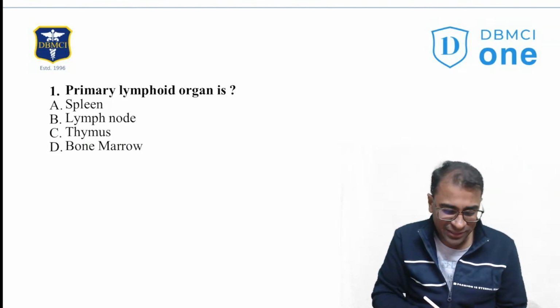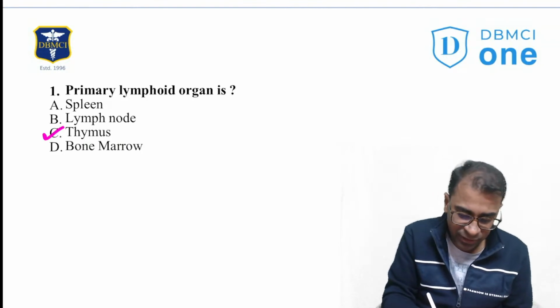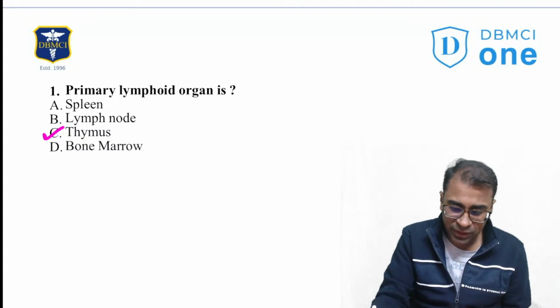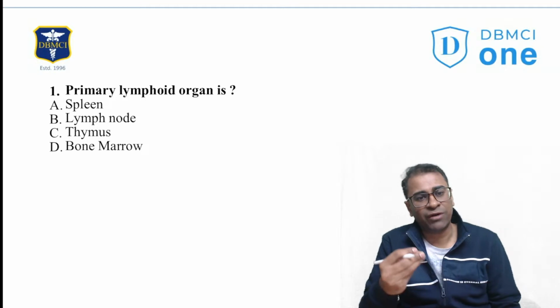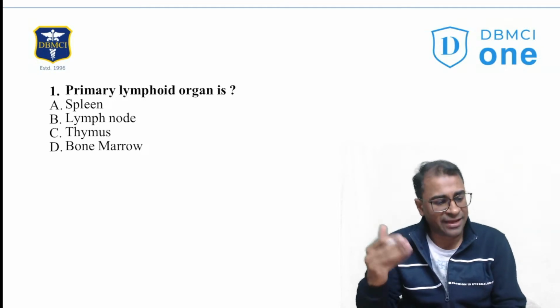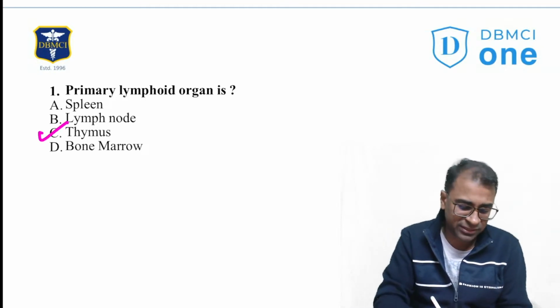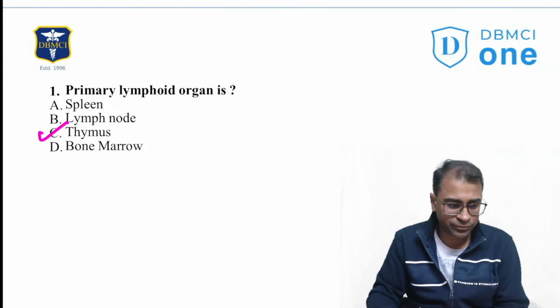But what will be the answer? Yes, thymus. Remember that usually if you talk about the lymphoid organs, there are only two of them. One is the bone marrow and one is the thymus. Everything else is a secondary lymphoid organ. Here the better answer is thymus gland. Okay?